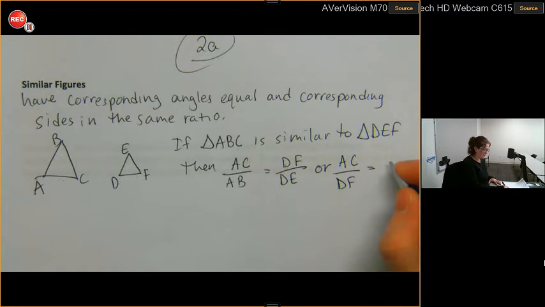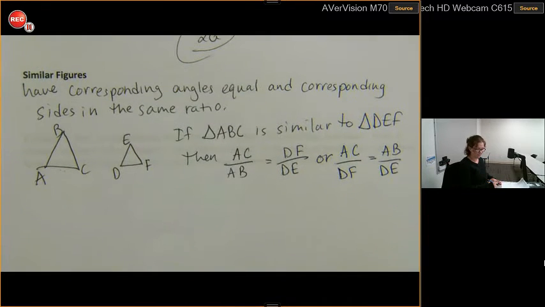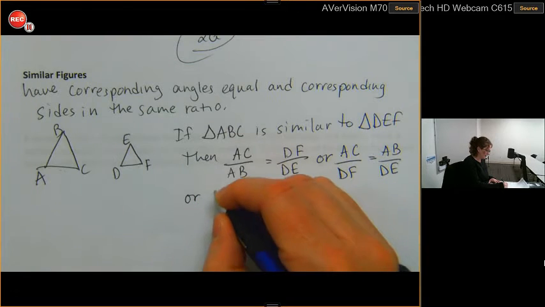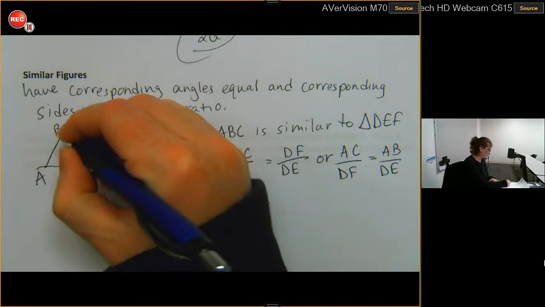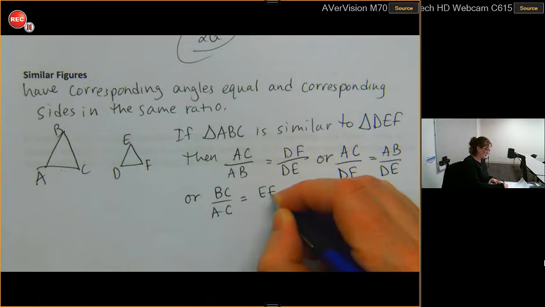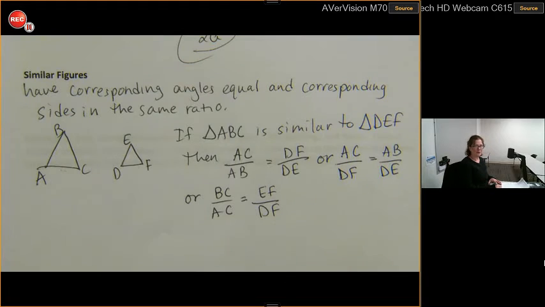Would be the same as AB over DE. Or another example, I could have BC over AC, which would be the same as EF over DF. And there are other combinations you could make. These are just a few.